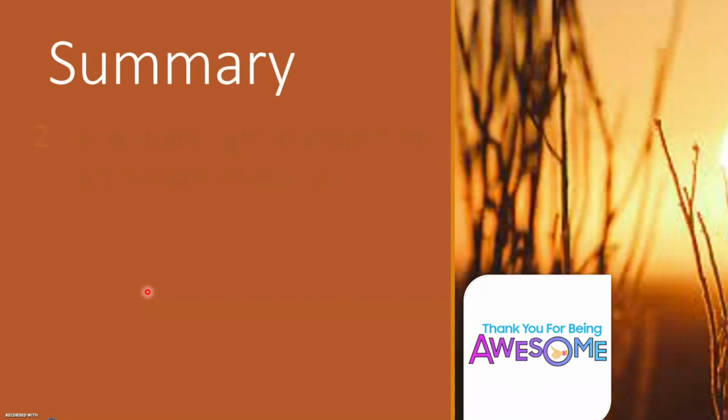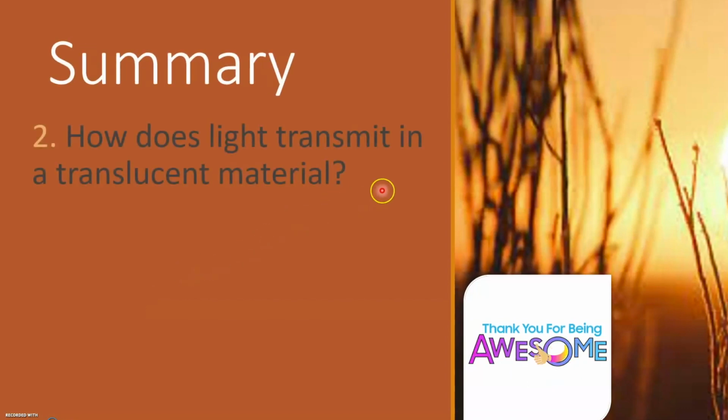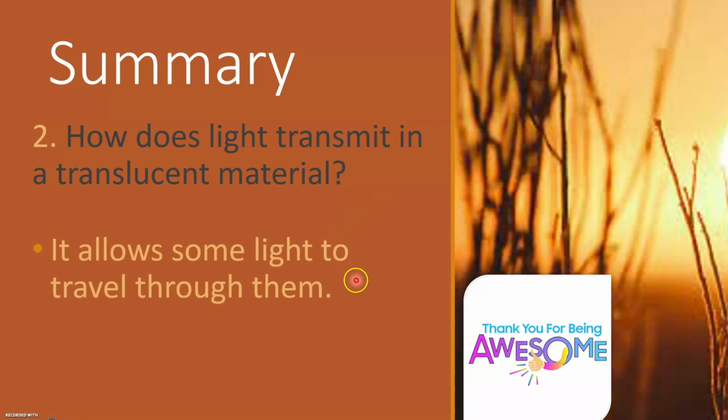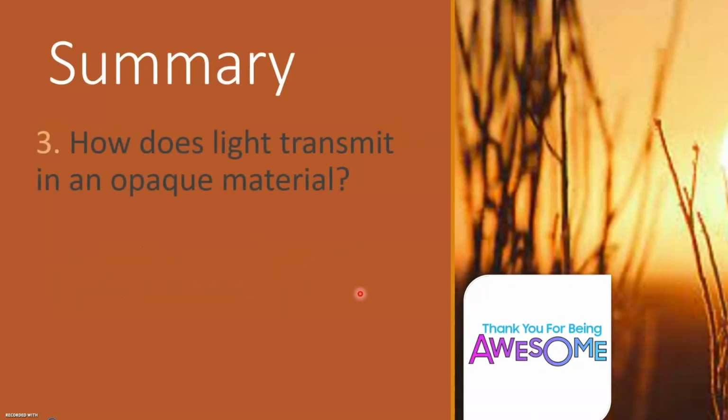Good job. The second summary question: how does light transmit in a translucent material? It allows some light to travel through them. Number 3: how does light transmit in an opaque material?